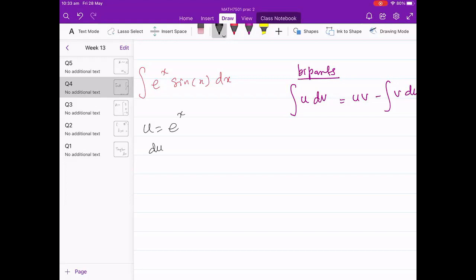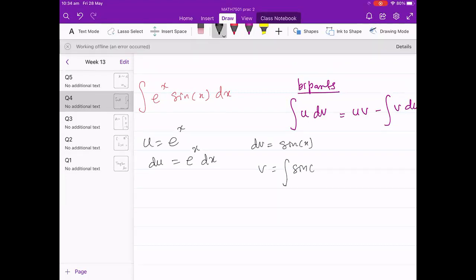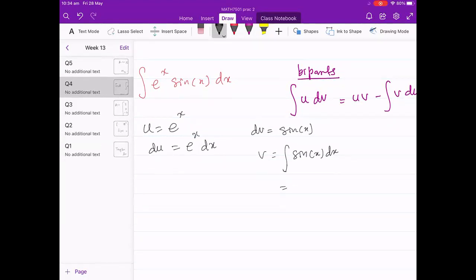Then we got du equals e to the power x dx. And if I say dv equals sine x, and v would be the integral of sine x dx. What's the integral of sine x? Minus cos x, thanks, Ashish.